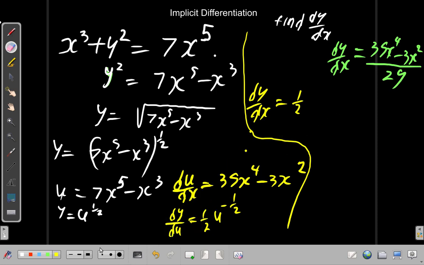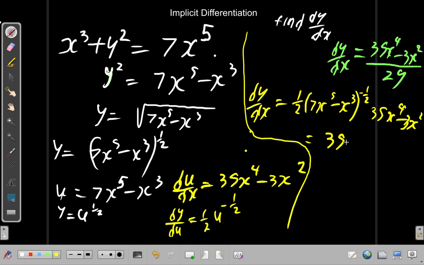Half 7x to the 5 minus x cubed to the negative half, times du by dx, which will be 35x to the fourth minus 3x squared. Now, what does this amount to?